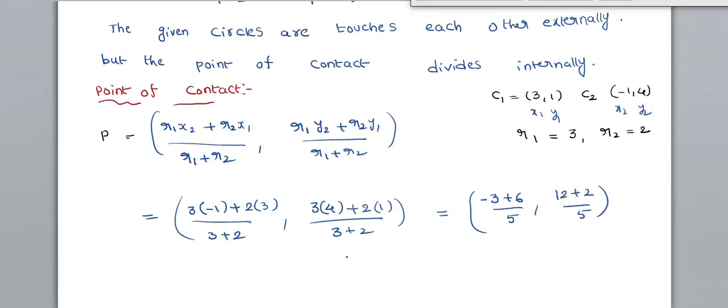So 6 minus 3 is 3. Okay, 3 by 5, 14 by 5.